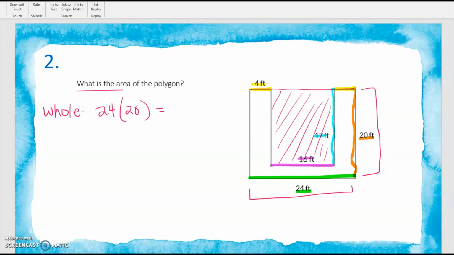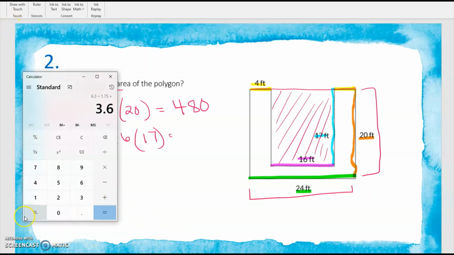I know that 24 times 2 is 48, so 480. Then the space that we don't have, the missing piece, is 16 by 17. And actually, I'm going to use my calculator for that. 272.